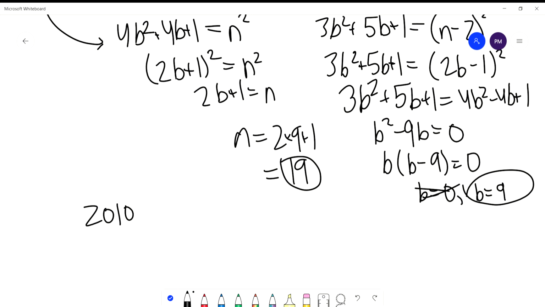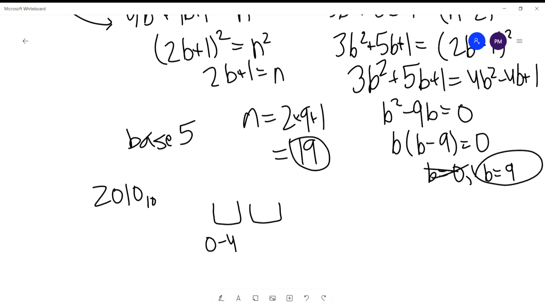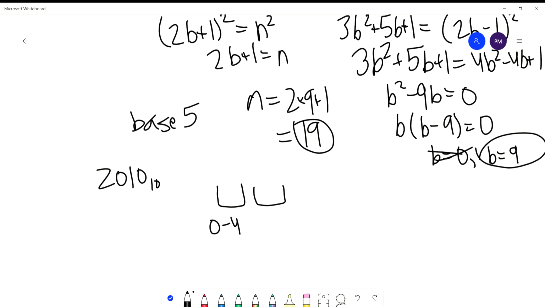So 2010, well, each box can only have 0 to 4 balls. So 0 to 4 are the only digits that can be inside each box. So it kind of reminds us of base 5. And indeed, if you convert 2010 base 10 into base 5, well, let's do that real quickly.